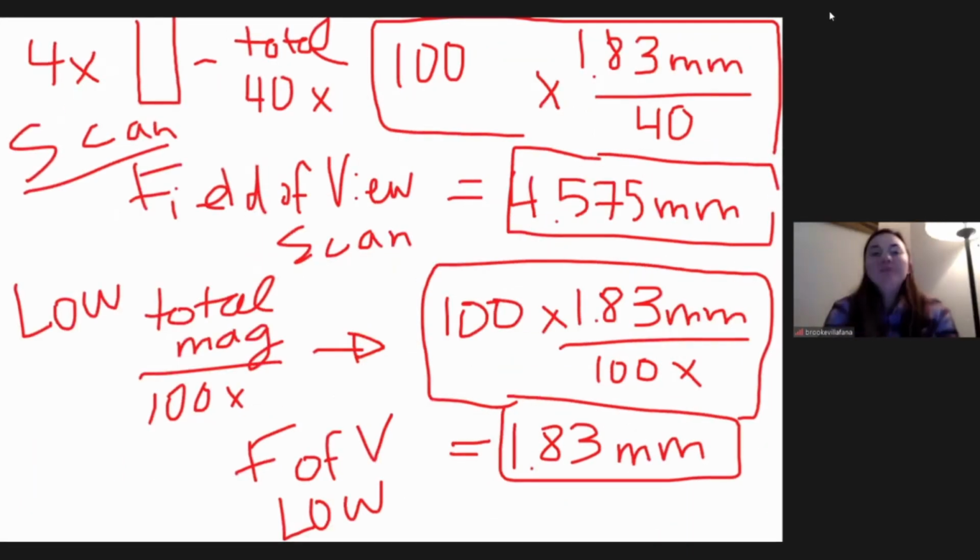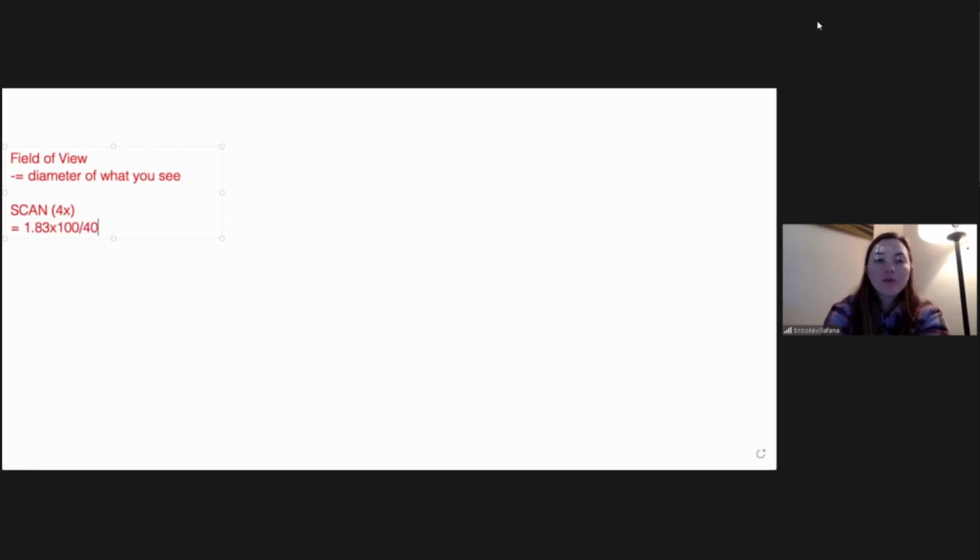Okay, so I'm going to put these on. Field of view, again, is the diameter of what you see. For scanning, which is the 4x, we already did it, right? 1.83 times 100 over 40 equals 4.575 millimeters. You're going to memorize that.